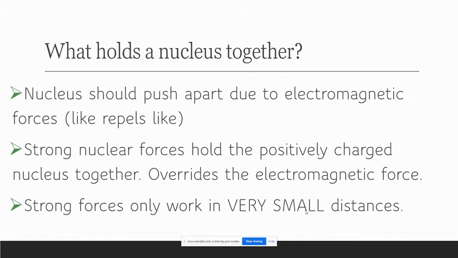And as the nucleus gets bigger and bigger, as we move down the periodic table and add more and more protons and neutrons, the distance becomes too great and the strong force can't hold everything together. And so parts of the nucleus start coming off, like your protons and certain neutrons coming out.